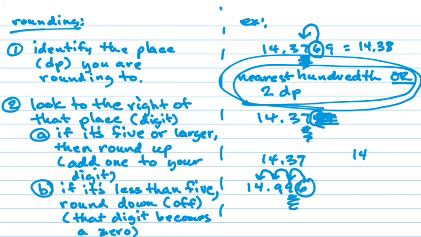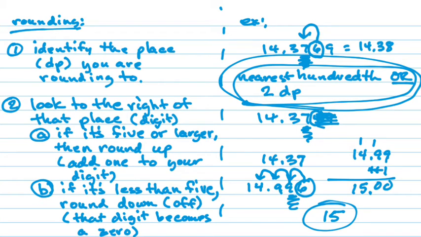Because if you take 14.99, and we add the 1 to that spot, 9 and 1 make 10, carry the 1. 9 and 1 make 10, carry the 1. So what we end up with is 15.00. Do I need the zeros after the decimal? No. So the completed rounded number is 15. So you can take it off to the side and add the 1, and that's really clear what's happening.